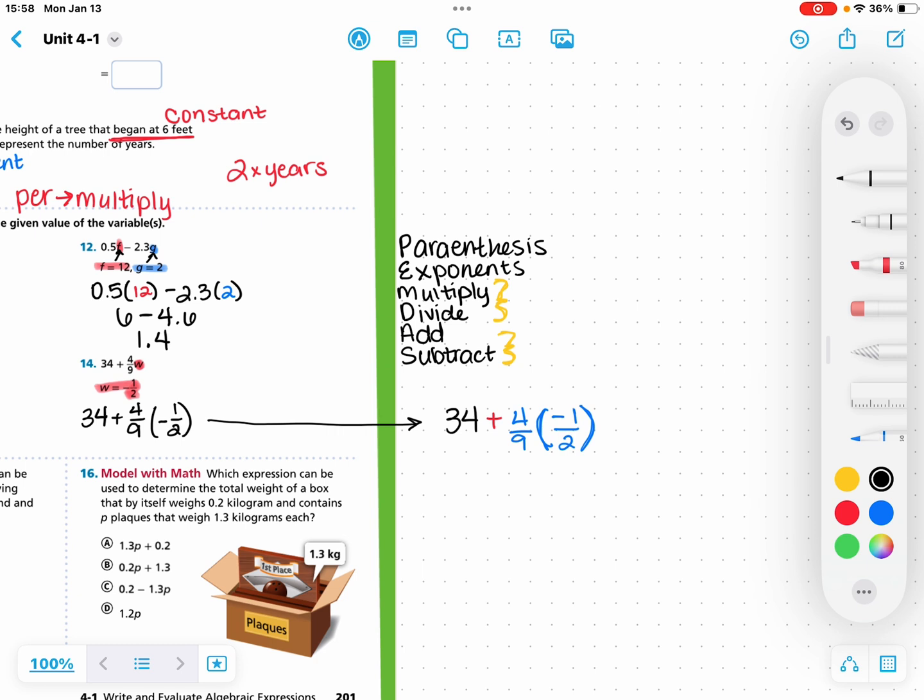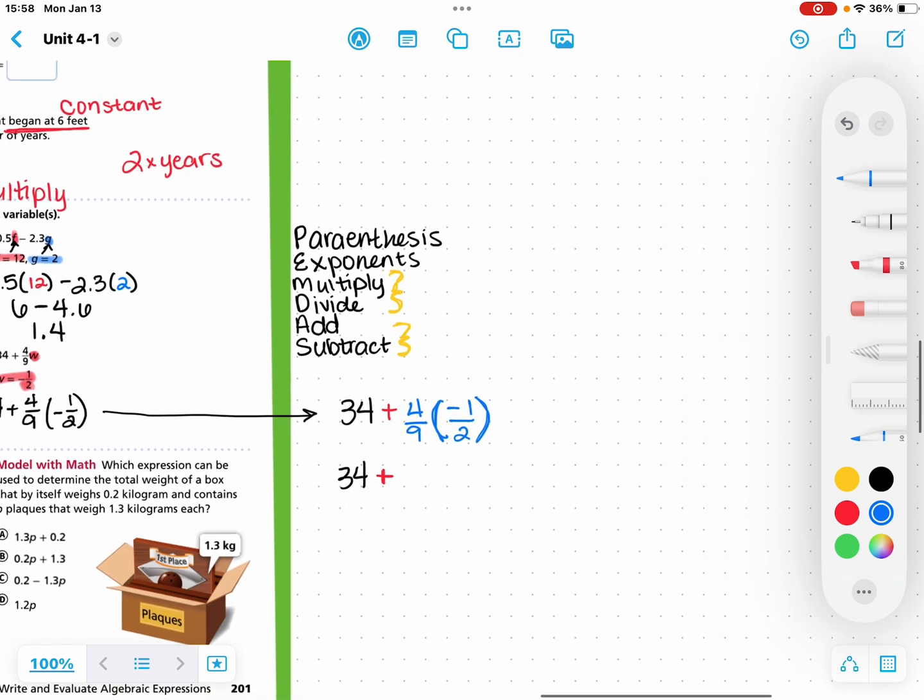So we have to multiply first. So once again, leaving the 34 alone, and I'm going to leave the plus sign alone. Now, what I'm working in blue, it's numerator times numerator. 4 times negative 1.